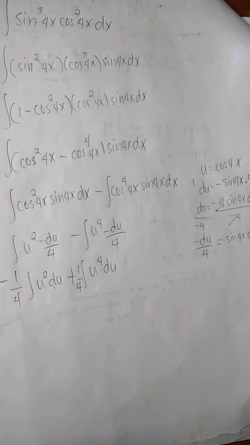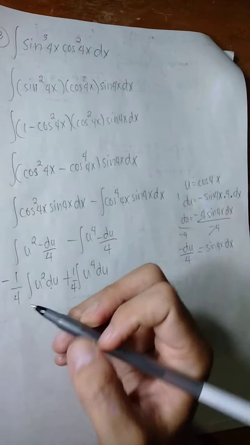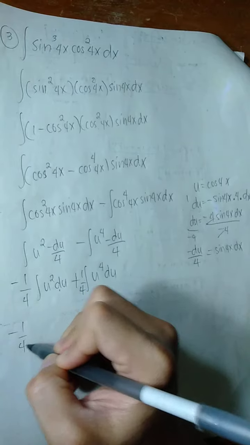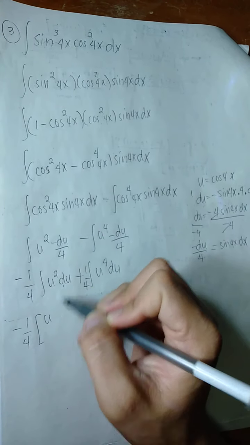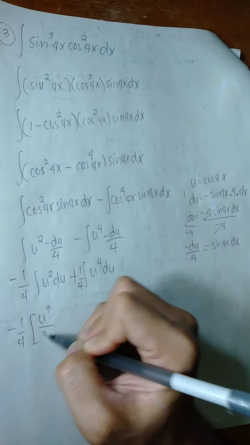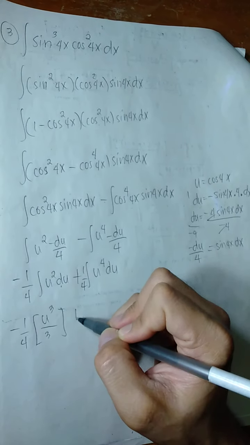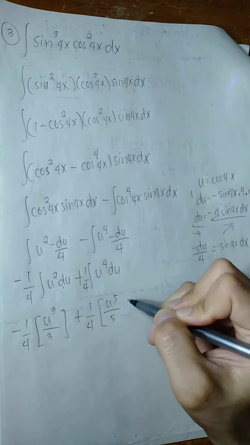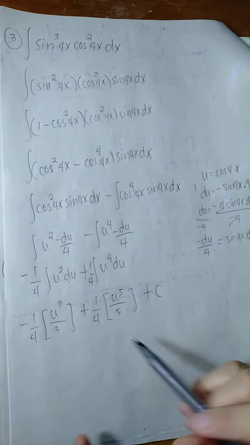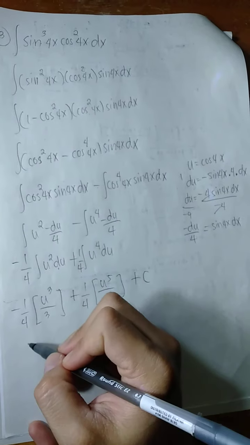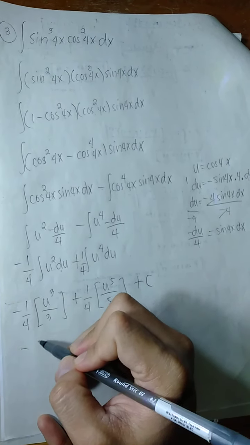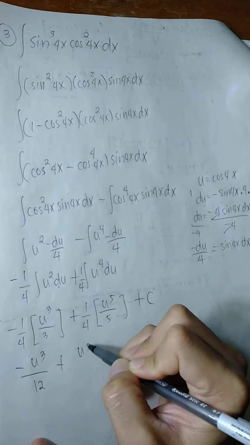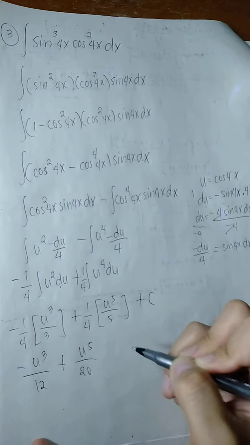Then we can integrate now using the power formula. So negative 1/4, u to 2 plus 1, so cube, since 2 plus 1 is 3, plus 1/4 u to the 5 over 5, plus c. Then multiply. So it becomes negative u cube over 12 plus u to the 5 over 5 times 4, which is 20, plus c.